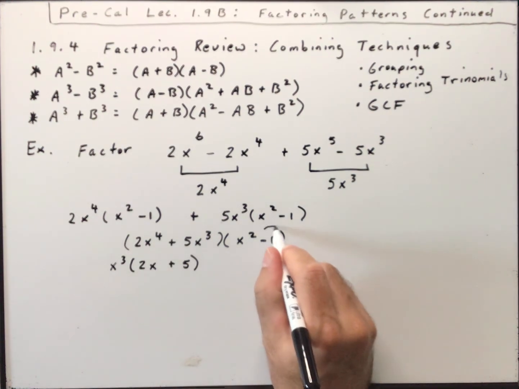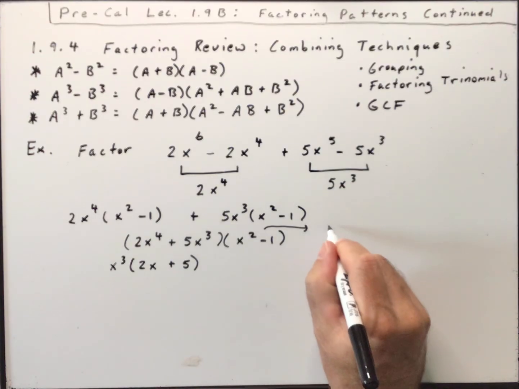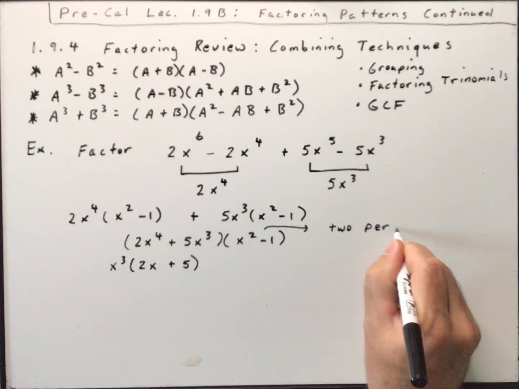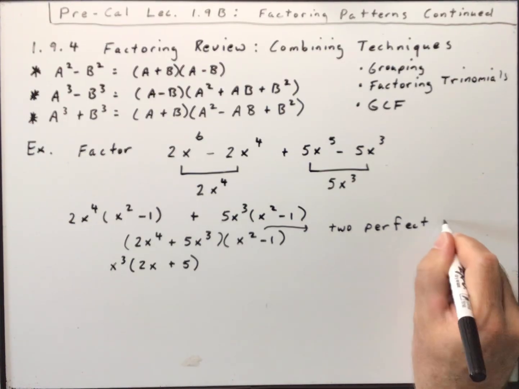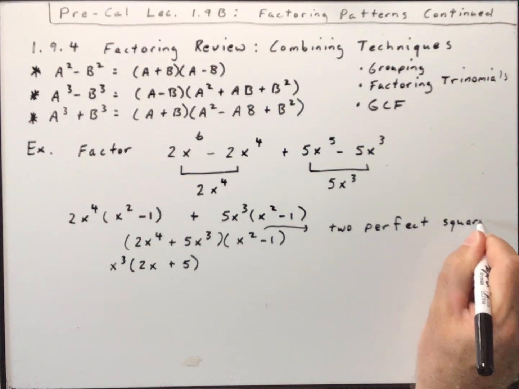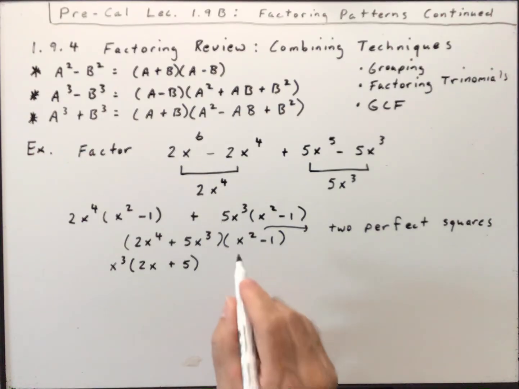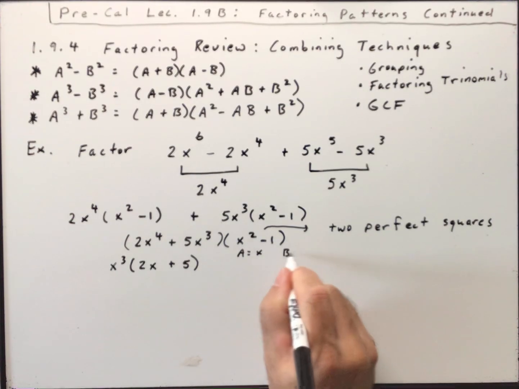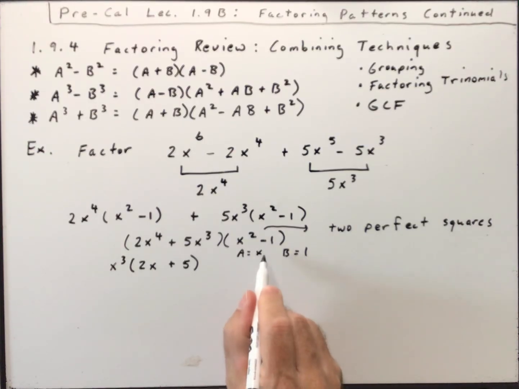But this is actually the difference of two perfect squares. In order to factor completely, we've got to recognize that a is x and b is 1. And it's a minus sign, so difference. So what is our formula for that?